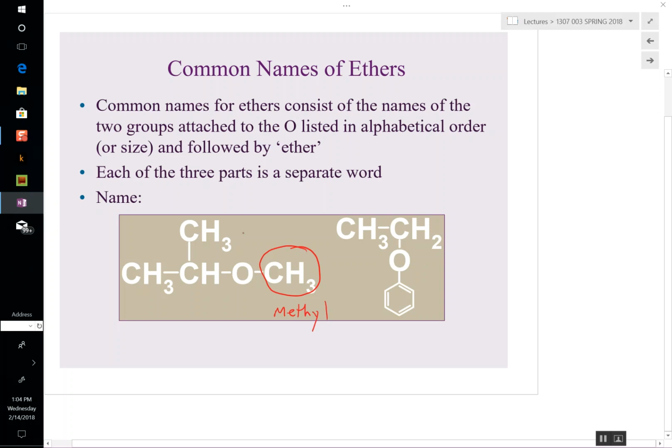So now the question is, what is that? Is it ethyl? No, it's not an ethyl and a methyl. Isopropyl. That is an isopropyl.